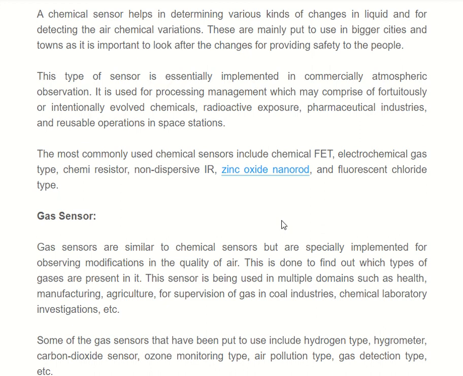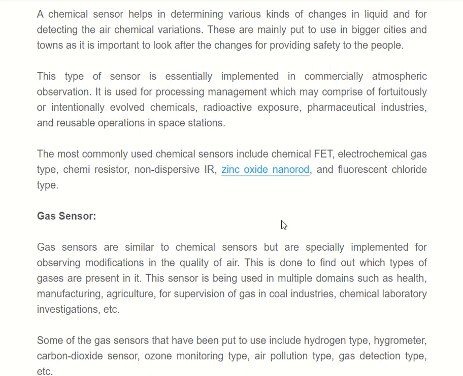Coal industries use it for the supervision of gas, chemical laboratories use it for supervision of chemicals, like gases in the form of chemicals. The health domain uses it for measurement of gas. In agriculture we use it for the detection of certain gases in weather.